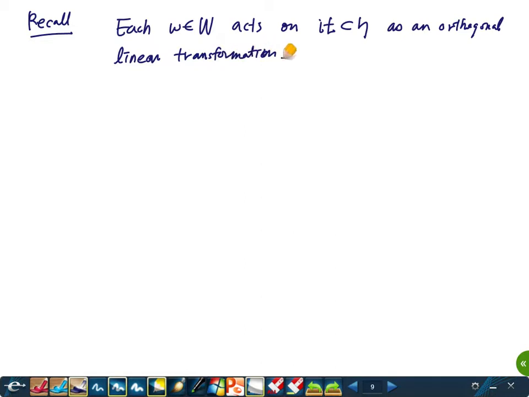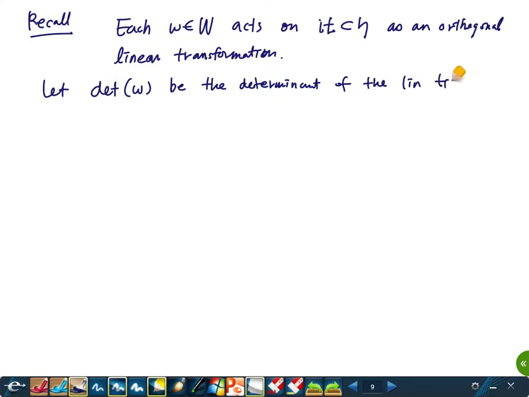So it's a linear transformation here, so we can define the determinant of the element to be the determinant of the linear transformation.